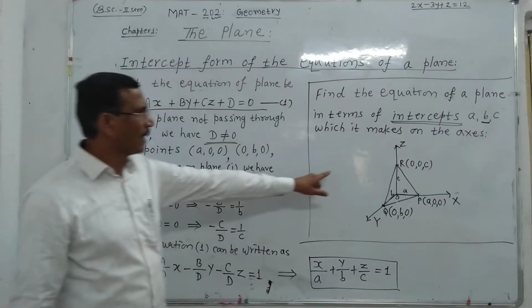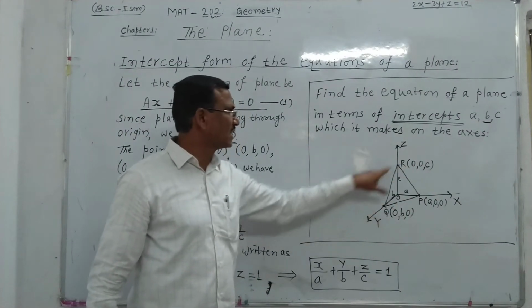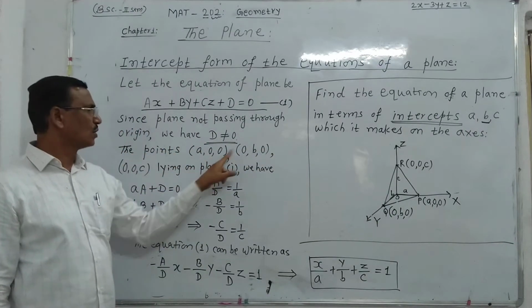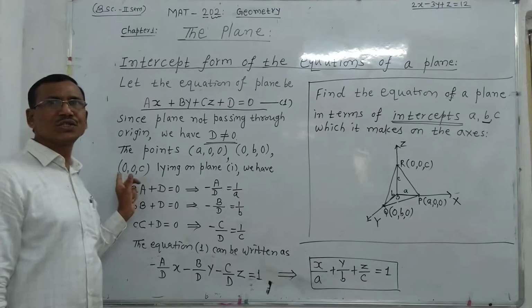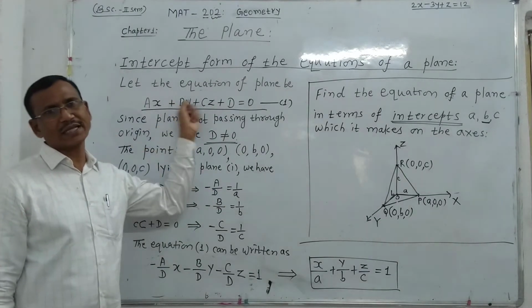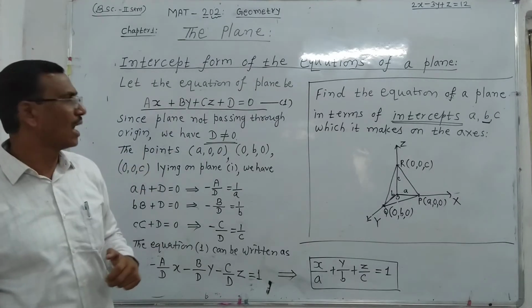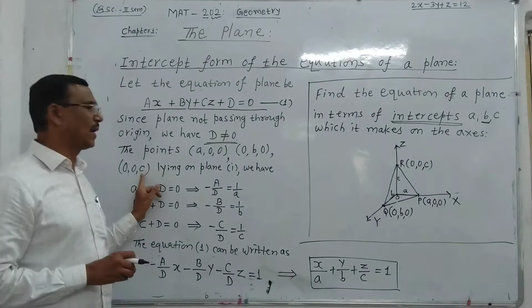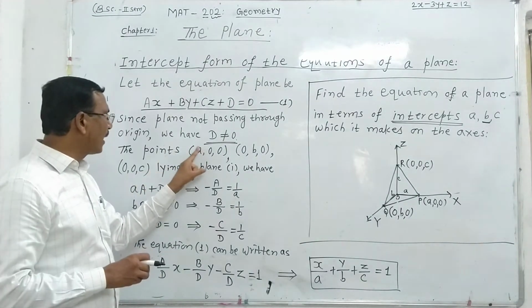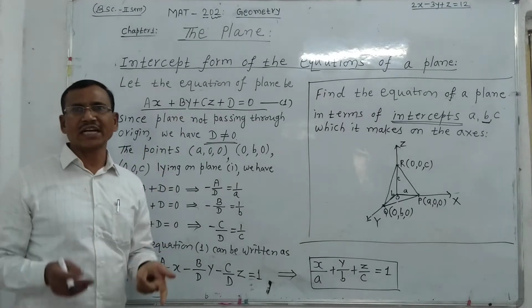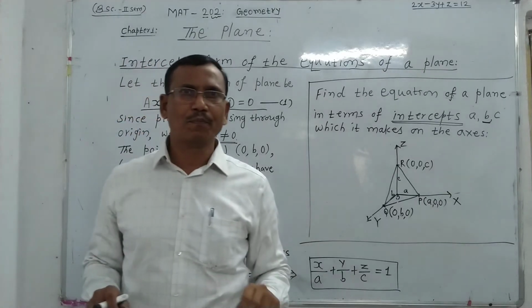Then the plane passes through these 3 points that I have written here. The points A, 0, 0, 0, B, 0 and 0, 0, C lie on plane 1, because it is the required equation of plane. As the point A, 0, 0 lies on this plane, it must satisfy the equation of plane.